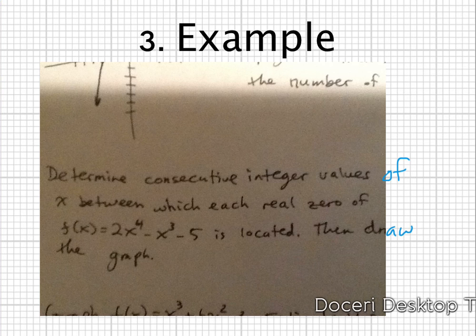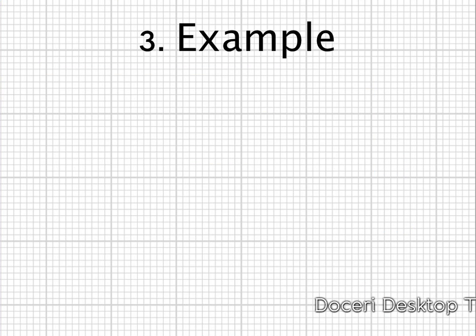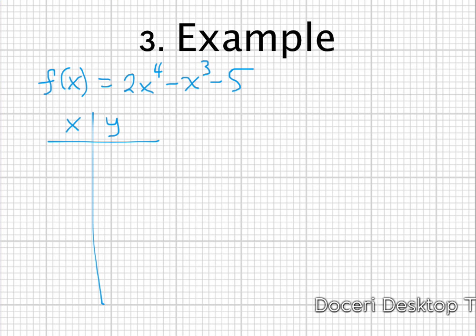Then draw the graph. Okay, so to do this, you're going to make a table of values. So we have f of x equals 2x to the fourth minus x cubed minus 5. Okay, so we're going to make just a big old table of values, your x value and your y value, or your f of x.